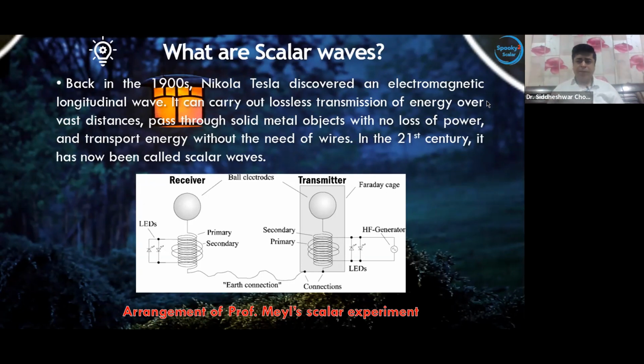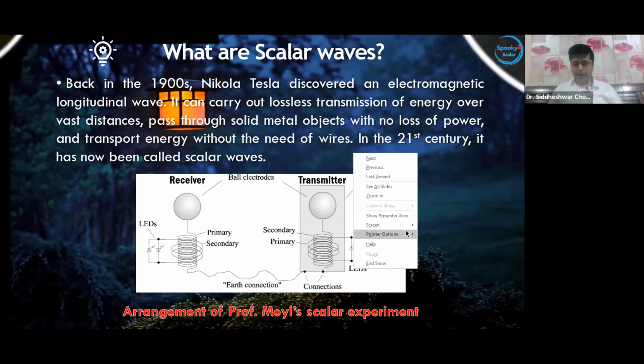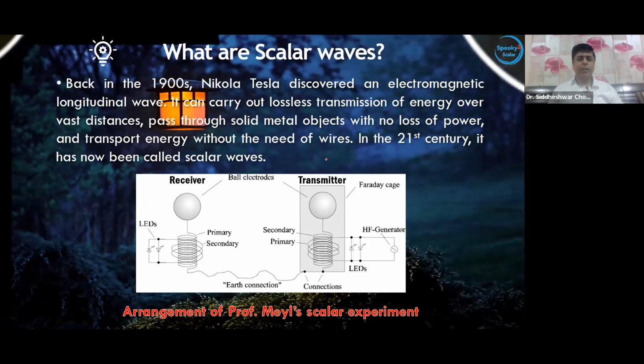If I take the liberty of showing an image from Professor Konstantin Meyl's research work, a scalar device can be easily understood in terms of this simple diagram. Just let me have a pointer here. In our Spooky2 Scalar or any scalar device, you get two units: one called the transmitter and one called the receiver.